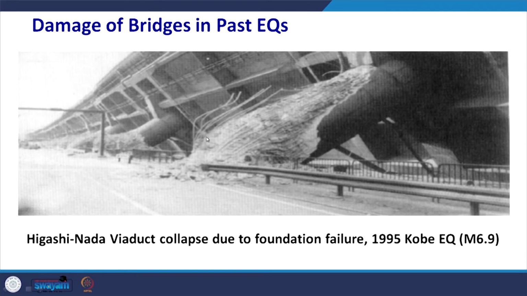Here it appears that the piers as well as the deck of this bridge were constructed with earthquake resistant design, but the foundation failed, and you could see that the reinforcement of the piers is coming out. So, it is completely collapsed. So, again reminding us that it is important that we design earthquake resistant foundations.